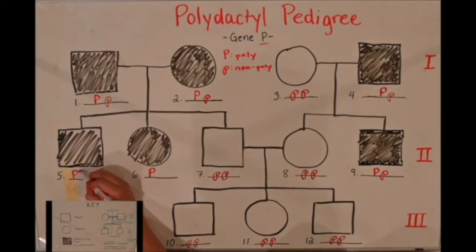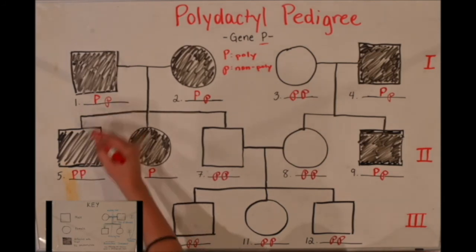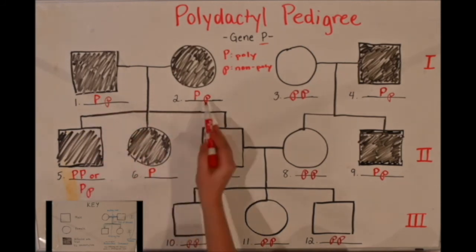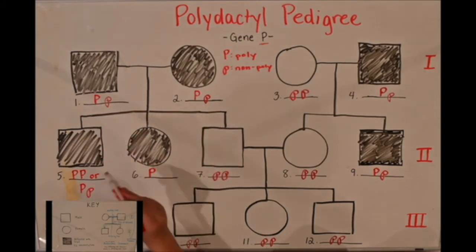That's actually all the information that we can figure out about cats 5 and 6. They can either be homozygous dominant if they get a dominant allele from each parent, or they can be heterozygous if they get a dominant allele from one parent and a recessive allele from another parent.